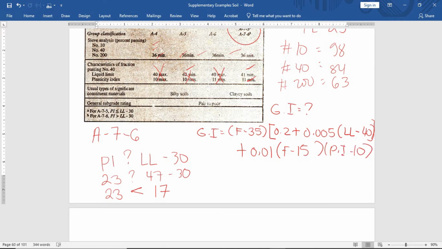So, yan yung formula natin. F natin is always ang percent finer para sa number 200 na sieve.